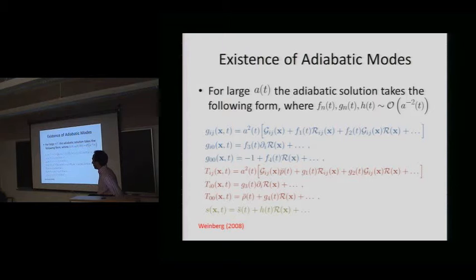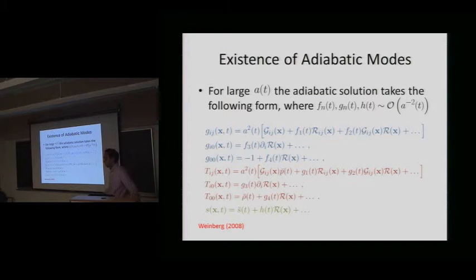This script G is really the thing that encodes all the information that deviates from an unperturbed Robertson-Walker metric. And anywhere you see this kind of script, so for example, this Rij, this is the Ricci tensor constructed from this metric. And likewise, this is the Ricci scalar constructed from this metric. What we see is that the spatial part of the metric approaches a constant matrix, which has a spatial dependence, plus some other stuff where these F's are all of order a to the minus 2.